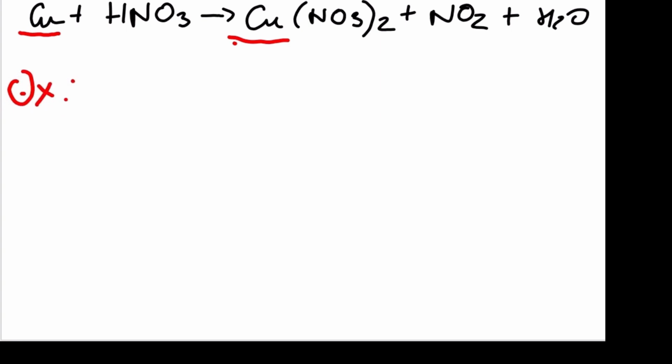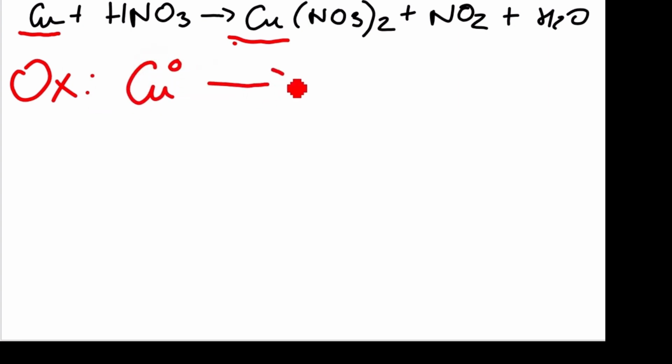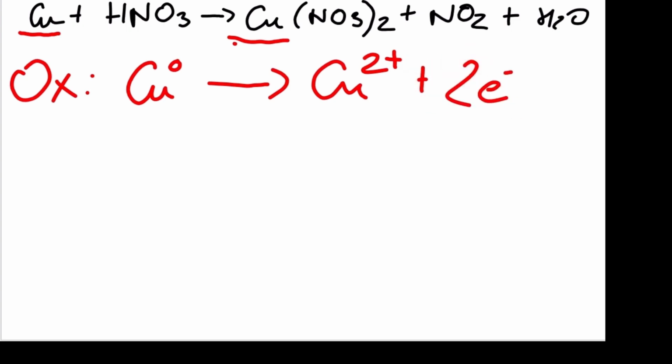Here we have it. Okay, I will write it properly. Oxidation reaction: copper from the metallic state to copper as a cation with that charge, 2 plus, 2 electrons.